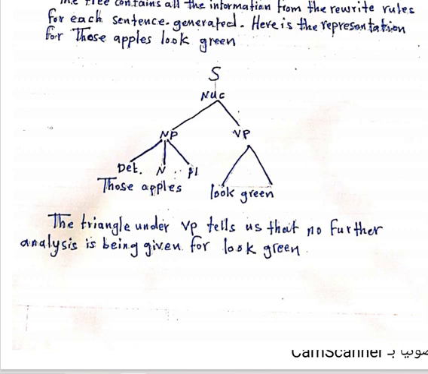Let us see in this sentence, as an example, how to analyze the sentence according to Chomsky's theory. Sentence, noun class, noun phrase. Noun phrase consists of determiner, noun, plural.